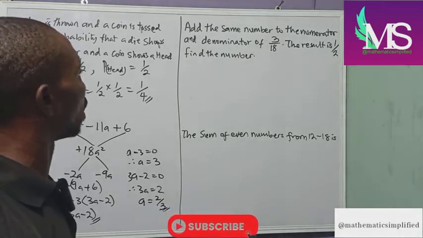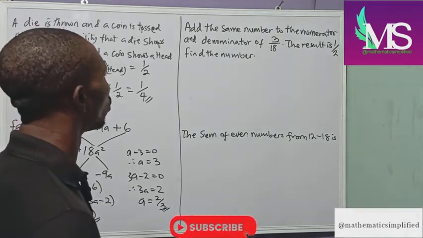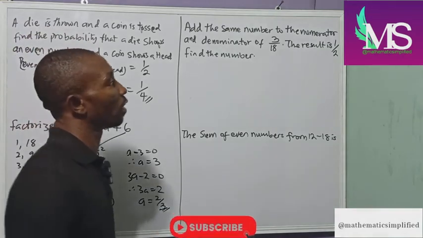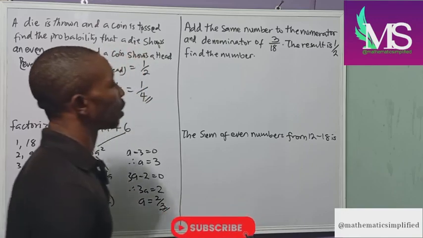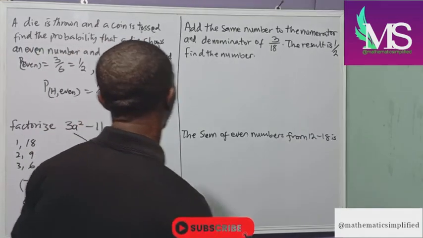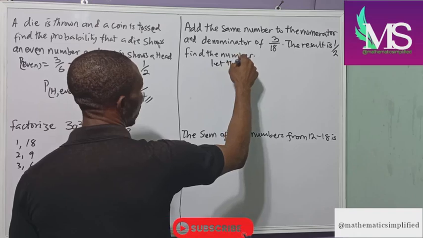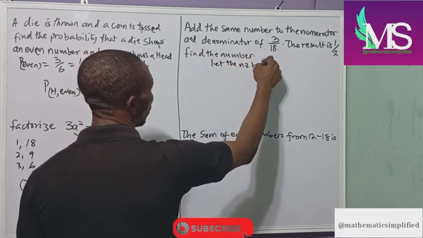Alright, the next one says add the same number to the numerator and denominator of 3 over 18. The result is half. Find the number. Now we have, let the number be x.